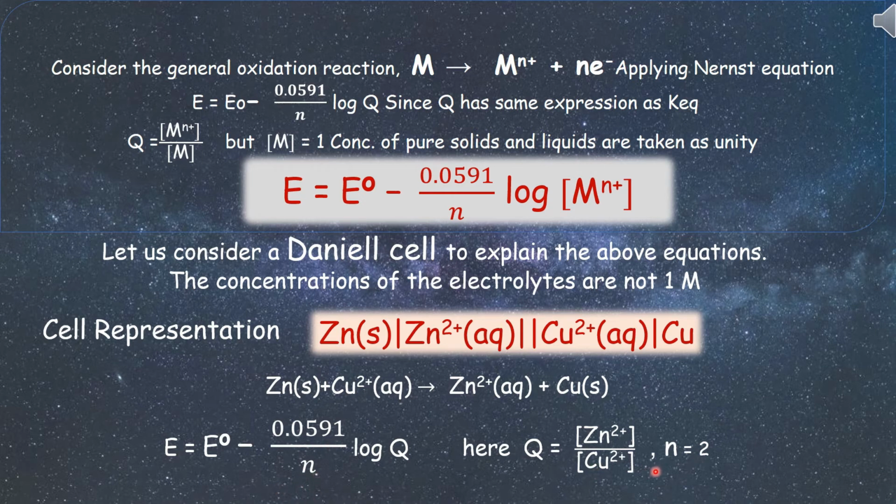The number of electrons involved in this reaction is 2, and the Q will be the concentration of zinc ions divided by the concentration of copper ions. So that is how we apply the Nernst equation to a redox reaction.